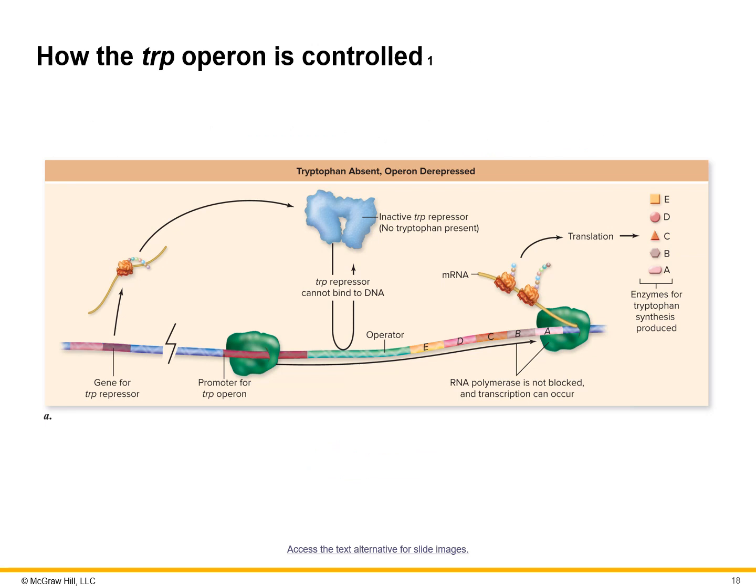So depicted here is the inactive trp repressor. This repressor has a morphology or a conformation or shape that will not attach to DNA ordinarily.